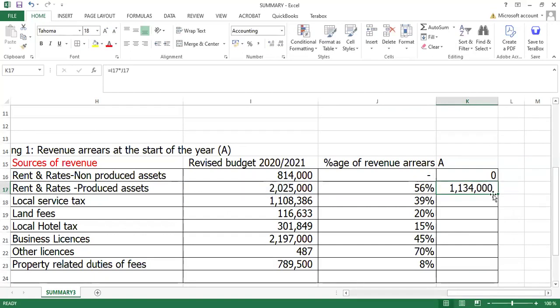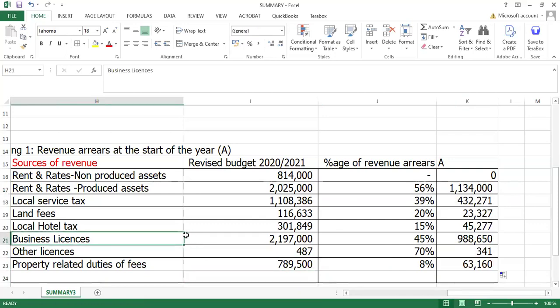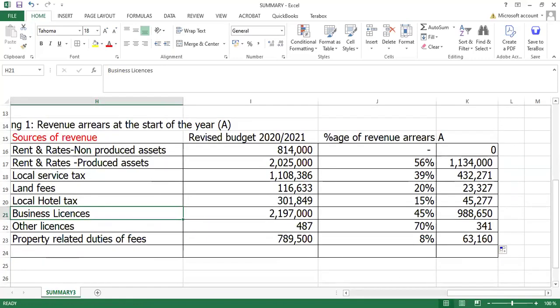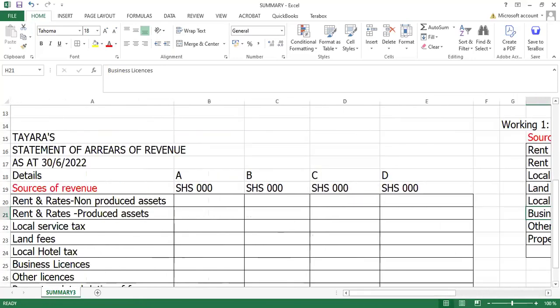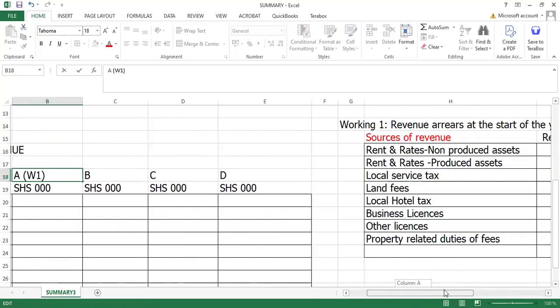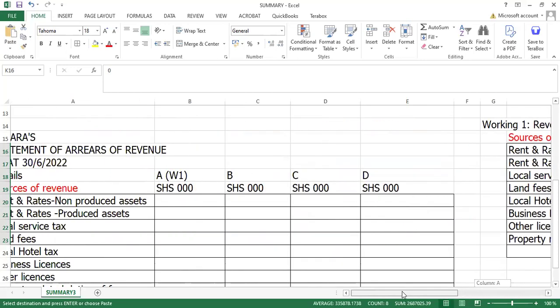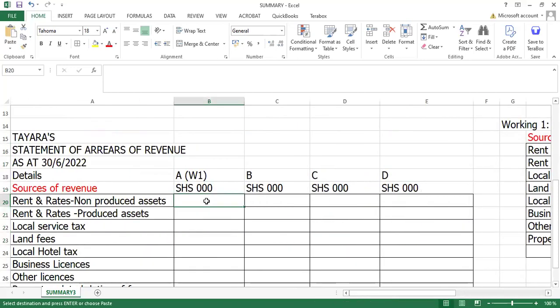And that is the revenue areas at the start of the year. So these are my figures. So after this, I simply pick and paste. I bring these figures here. This will be from your working one, where you're simply copying these figures that you have calculated. And you put them here.